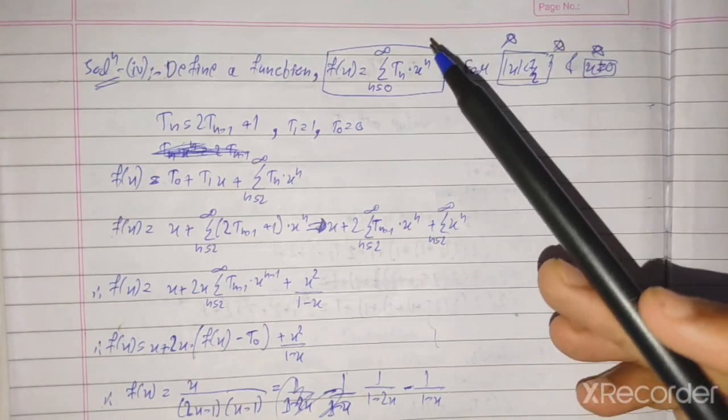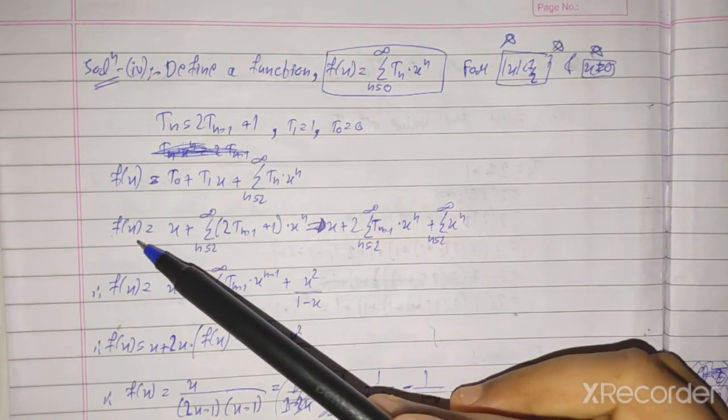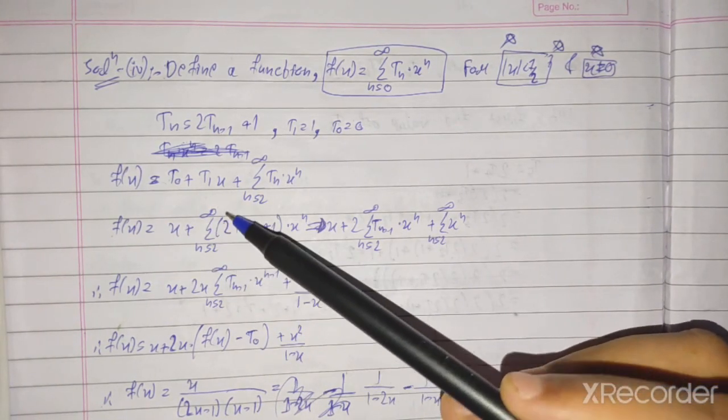Now since t0 is 0, simplifying a bit, and t1 is equal to 1, we will get f(x) is equal to x plus sigma n is 2 till infinity tn x^n.